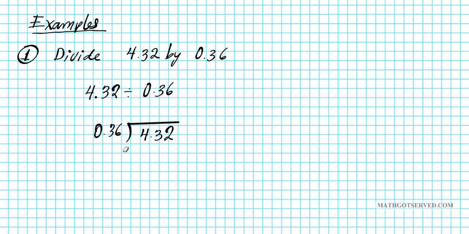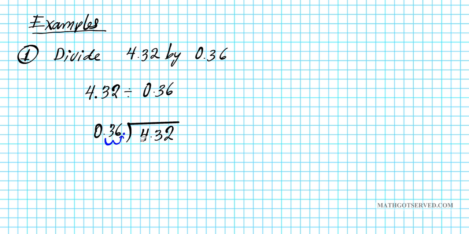So how many times do we have to move the decimal point to the right? You notice we have two digits to the right of the decimal, so we have to move it to the right twice. 1, 2. That's the position of the decimal point that makes our divisor an integer.